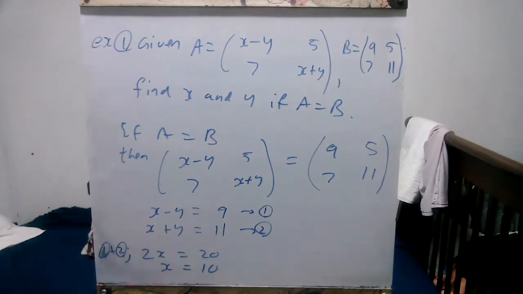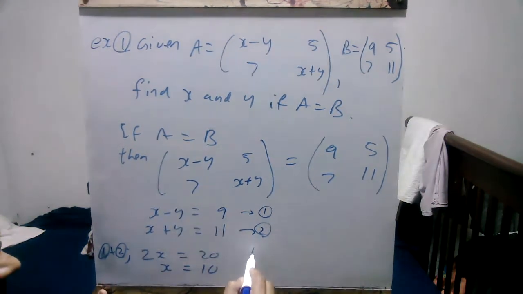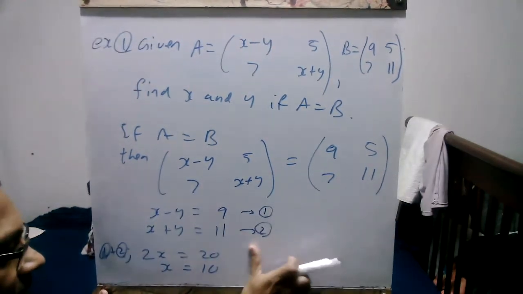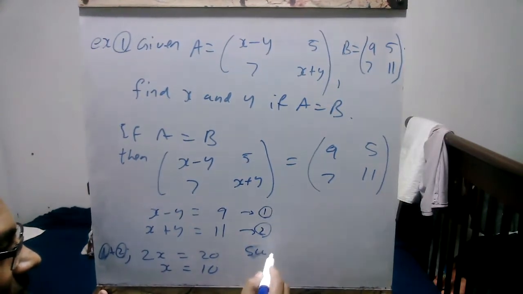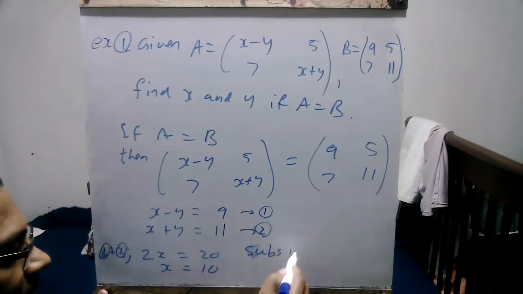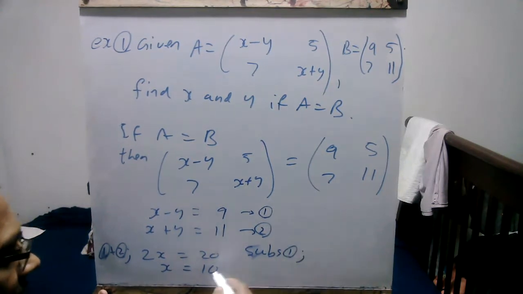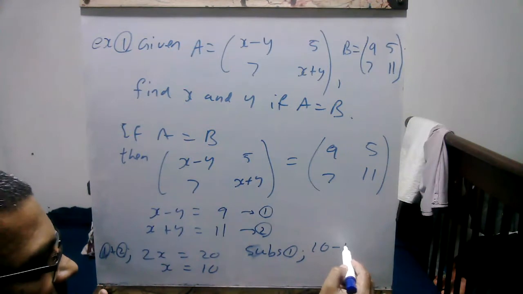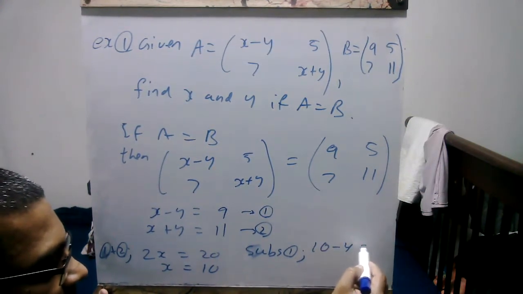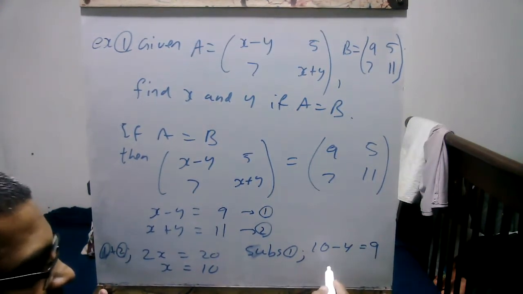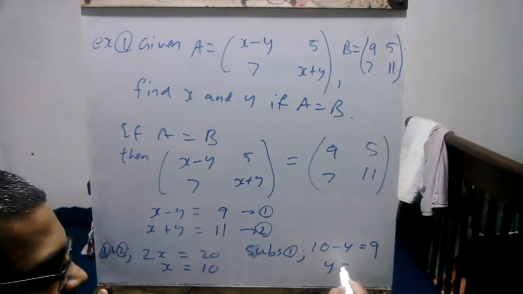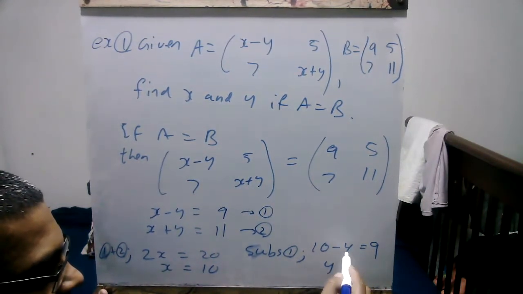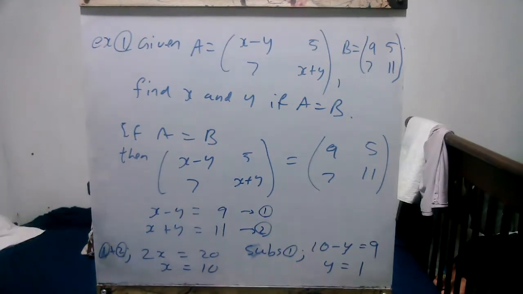Substitute this 10 in one of the equations. Say if you substitute in 1, we get x is 10, 10 minus y equals 9. This gives us y equals 10 minus 9, which is 1.